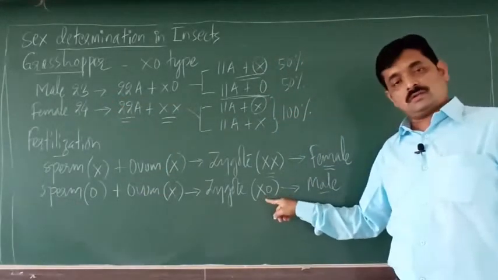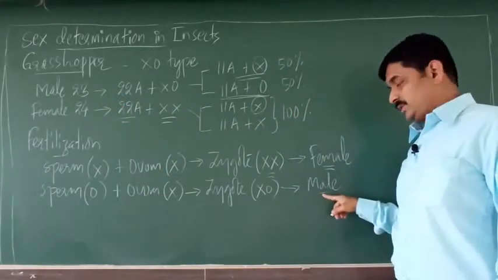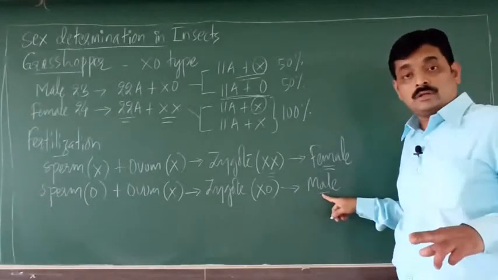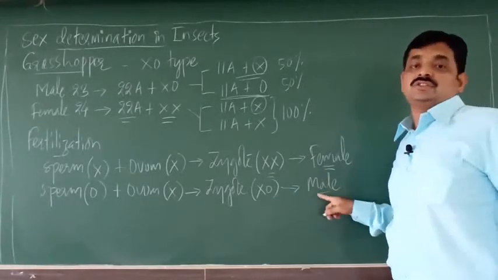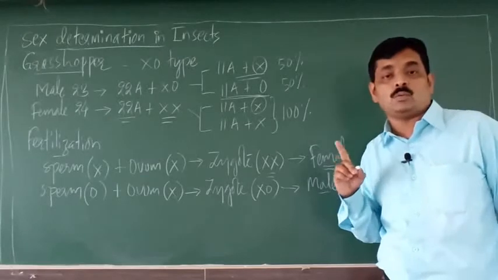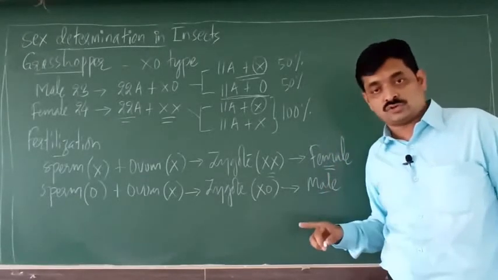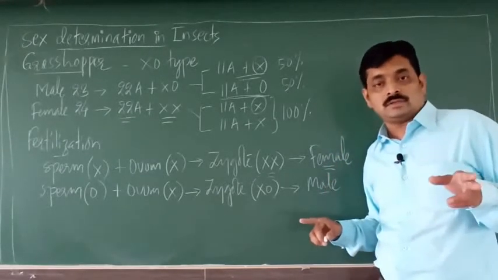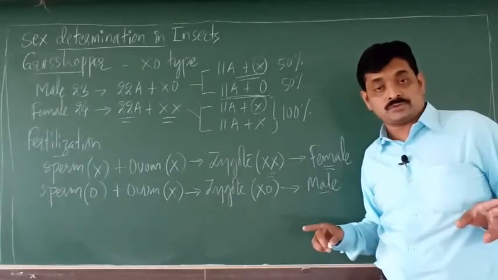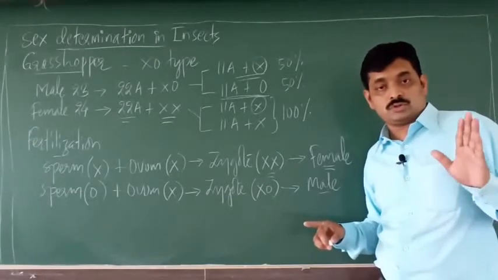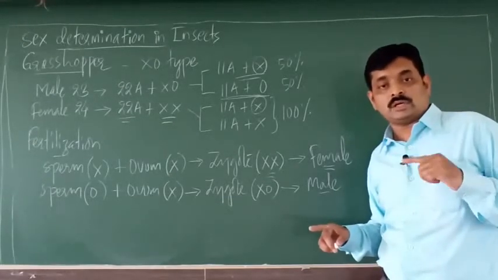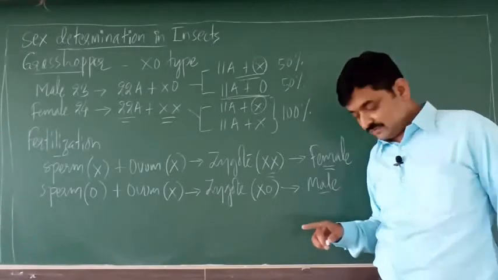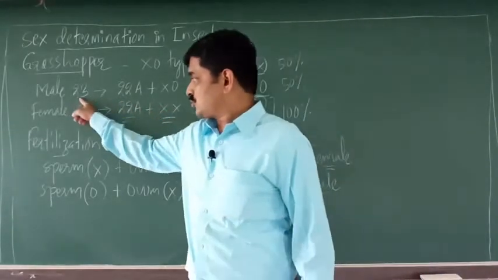So zygote having X0 will develop into a male grasshopper. So male grasshoppers have only one X chromosome along with 22 autosomes, right? So 22 plus 1, 23. So males have 23 chromosomes.